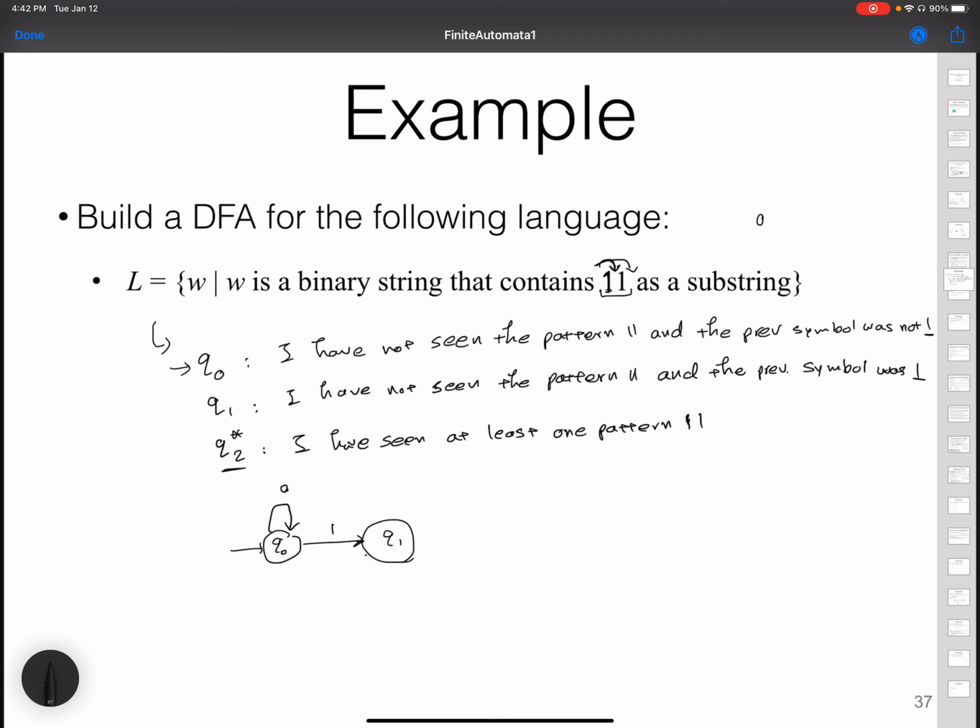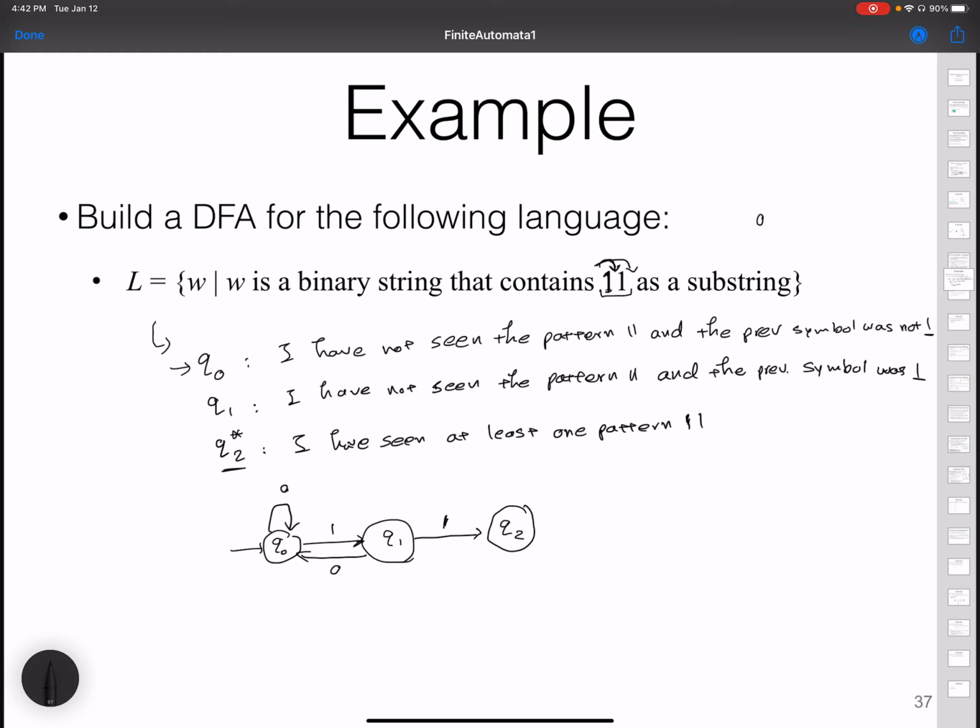So seeing a 0 made you go back to state Q0. But if you see a 1 at Q1, you can go to state Q2, because it means that you just saw a 1 and now the next symbol is 1, so that's it. You are going to go to the accepting state. You are going to say that I have seen the pattern 1, 1 at least once.